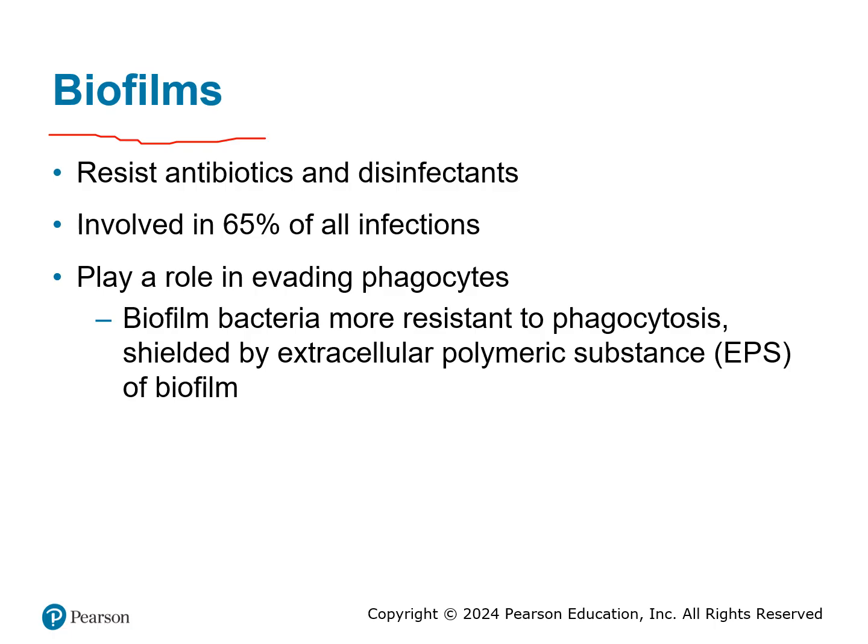So biofilms are going to make it really hard to attack the pathogen because they're going to be coated in an extracellular polymeric substance, which is basically some goo, sugary goo, and it's going to protect those microbes from antibiotics and disinfectants.